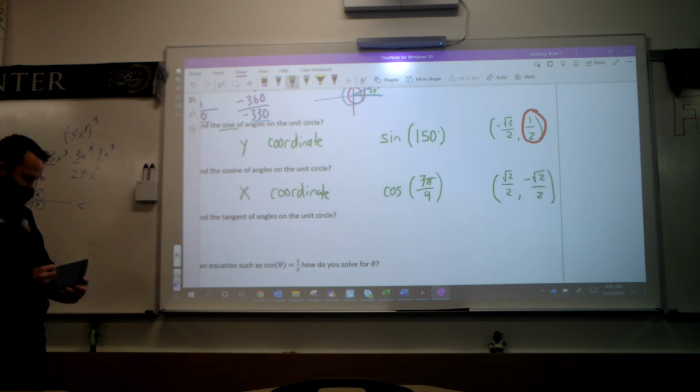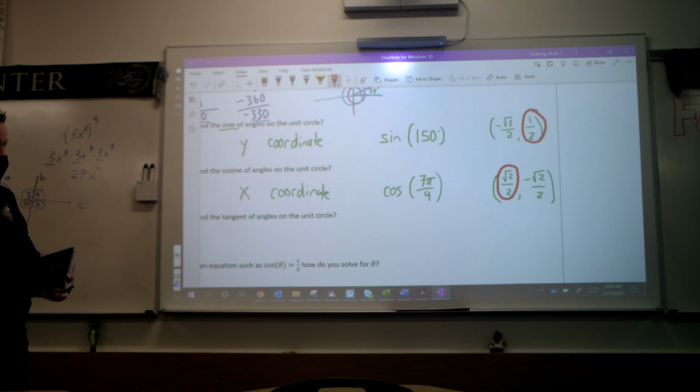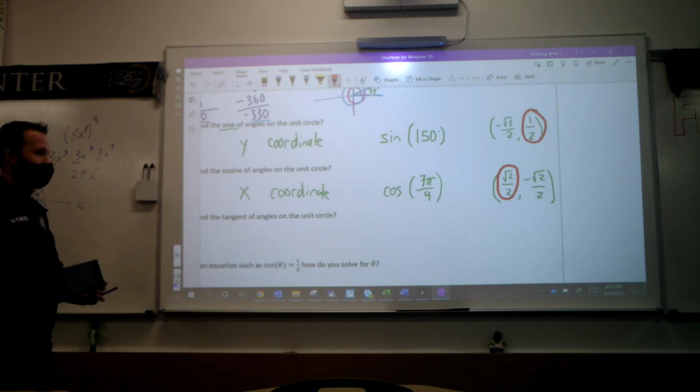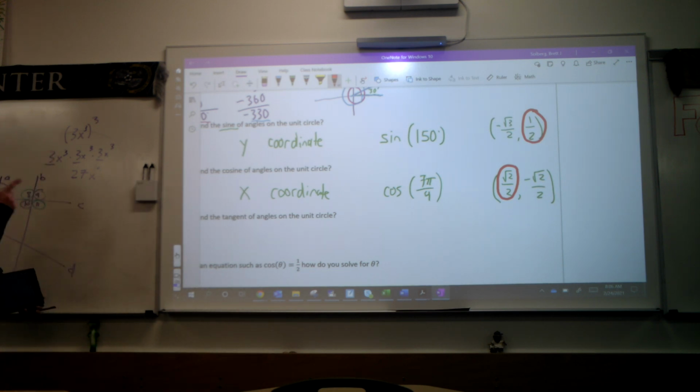So these are the coordinates at 7 pi fourths. And if we're doing cosine, which one do we want? Awesome. Okay, that's how you do sine and cosine.